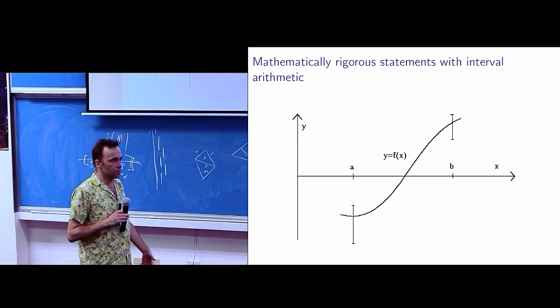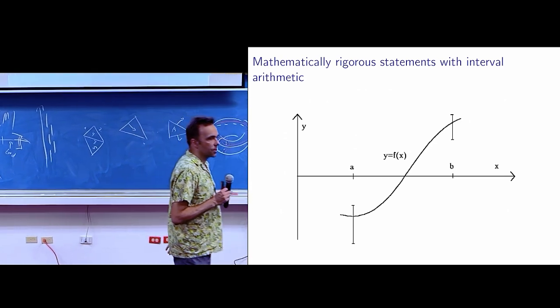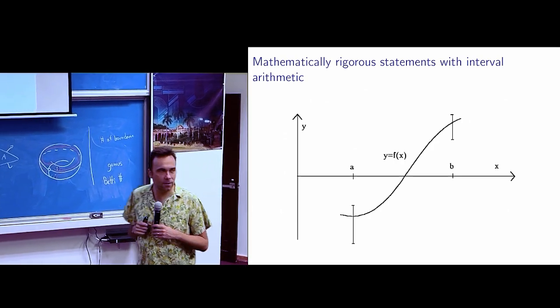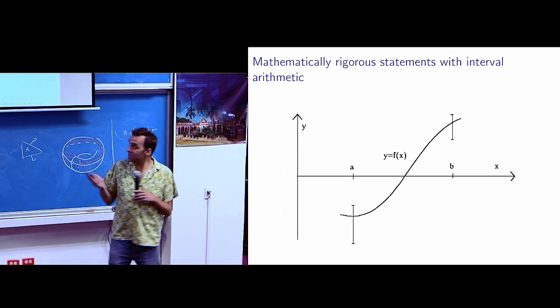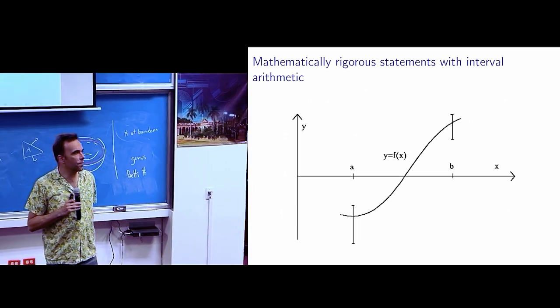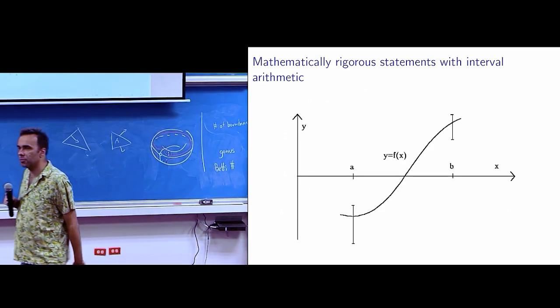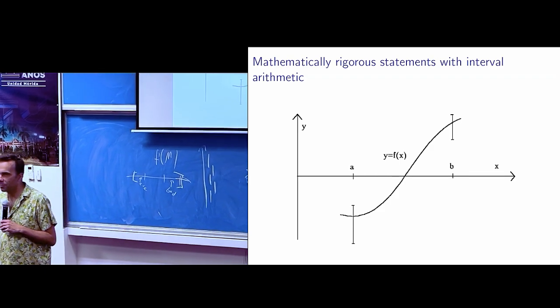If we have a function given by some formula which we input to the computer, and we compute the value of the function at point A, and the whole interval is below 0, and at point B it is above 0, and we know that the function is continuous, then using the Darboux property, we know that there is at least one zero in between. So we can already prove a theorem using interval arithmetic.